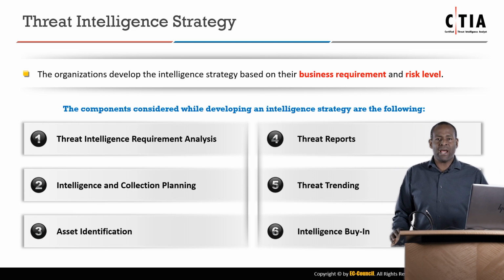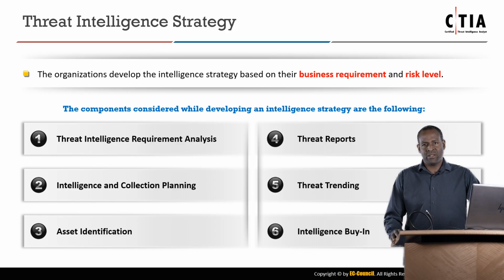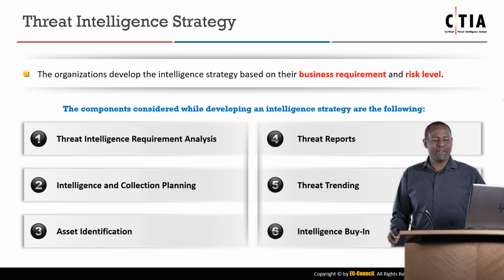So for instance, you might have a business requirement that says that you will be up 5 nines or 6 nines, so 99.999% of the time, or 99.9999% of the time, or I don't know if I put too many nines in there or not, but either way, that might be your business requirement.